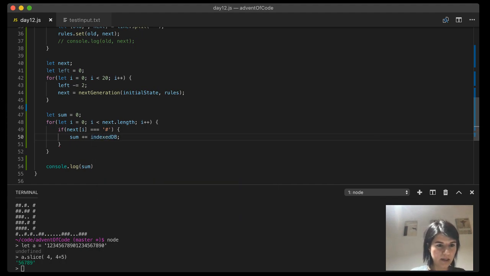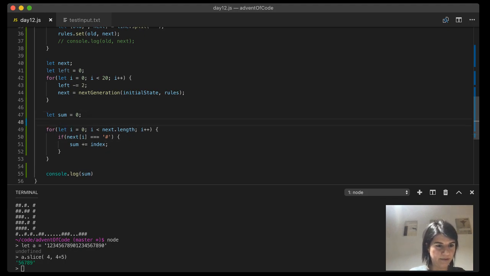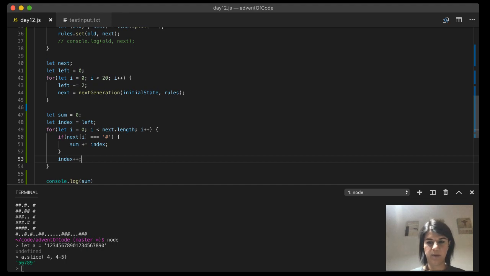The index, and I have let index equal left, and every time I go one to the right, I have to do index plus plus. This is a few too many variables, but that's okay, I think.